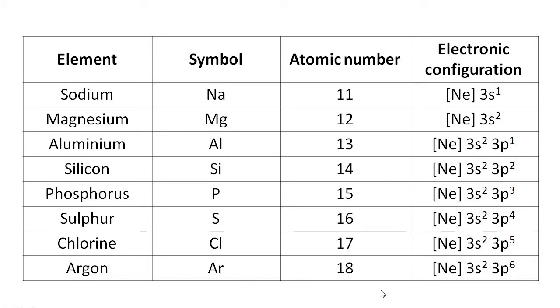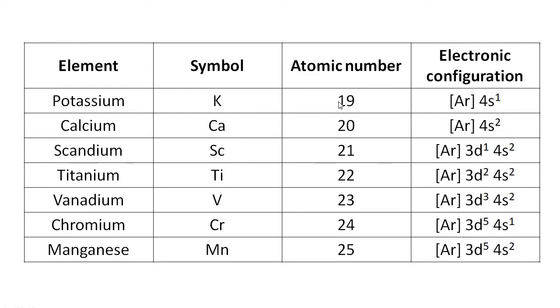In case of argon, it has 18 electrons, and the last electron pairs up with the electron present in the 3pz subshell. That means Hund's rule is shown by these elements.